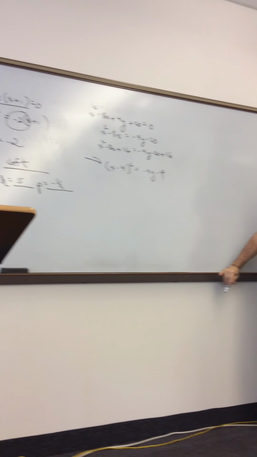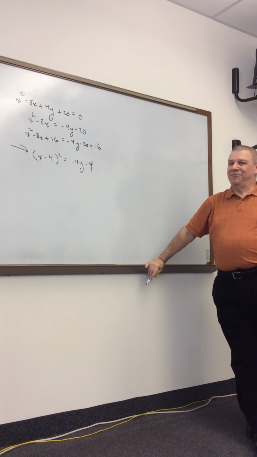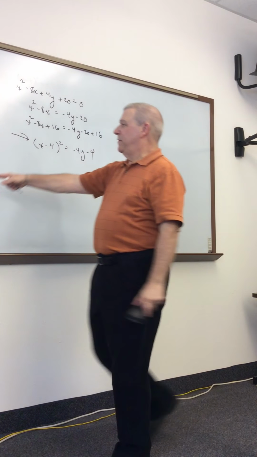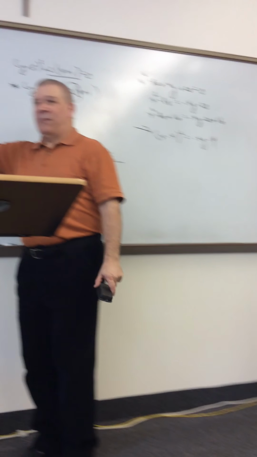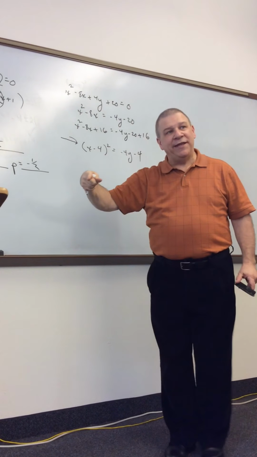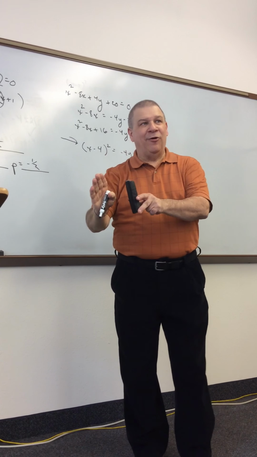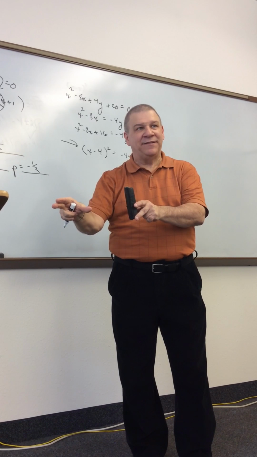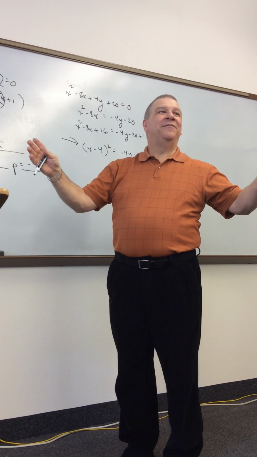Attention. Are these in standard form? Not quite yet. You only have one more thing to do. There's the binomial squared, you got that. What has to be on the other side? A binomial not squared with a number in front of it. Freshman algebra.